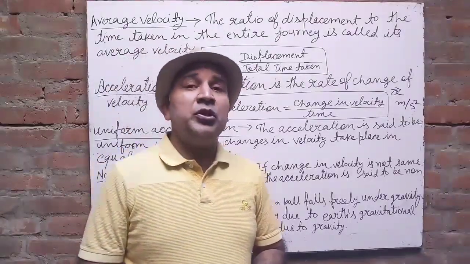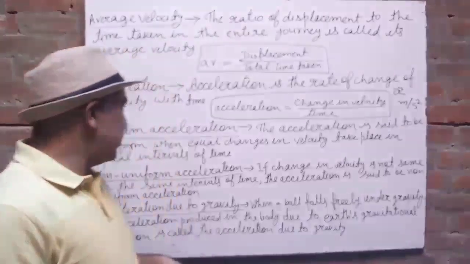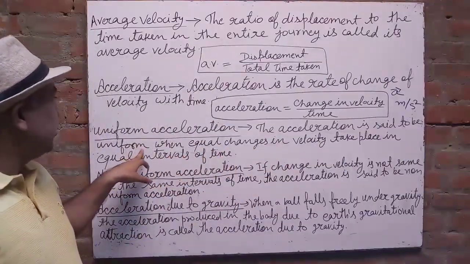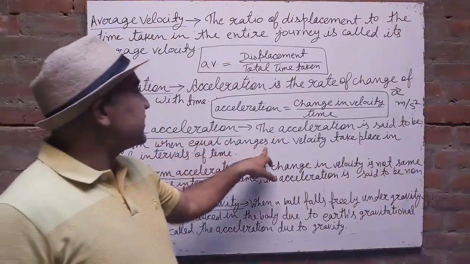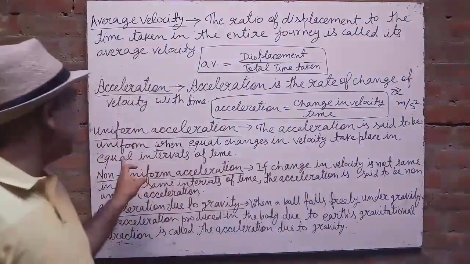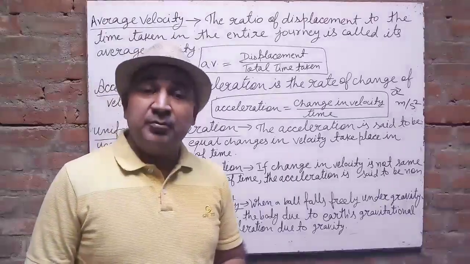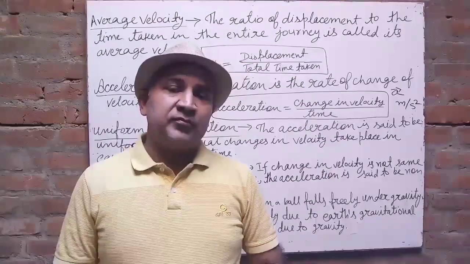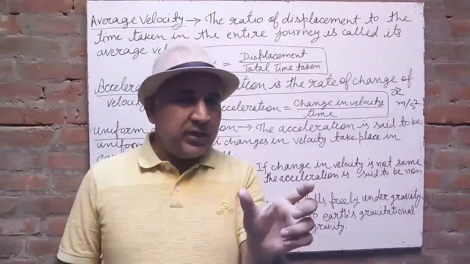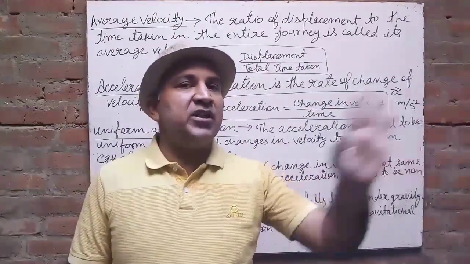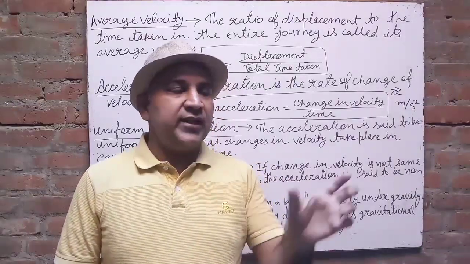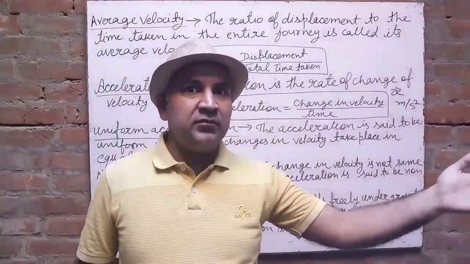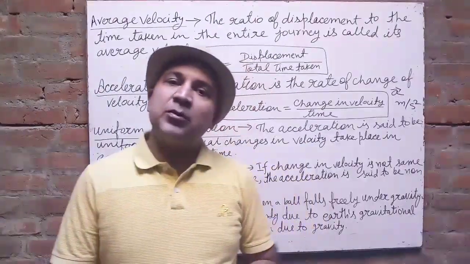Now we will learn uniform acceleration. So children, the acceleration is said to be uniform when equal changes in velocity take place in equal intervals of time. Suppose that one object is moving. In 10 seconds, its velocity increases by 10 meter per second. Again in the next interval, its velocity increases by 10 meter per second.